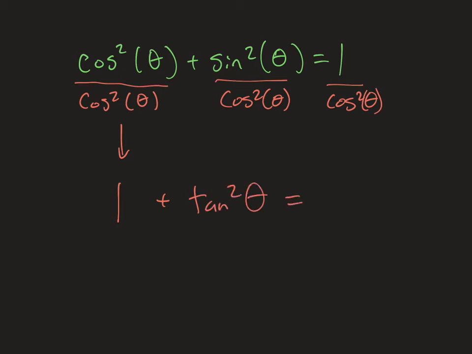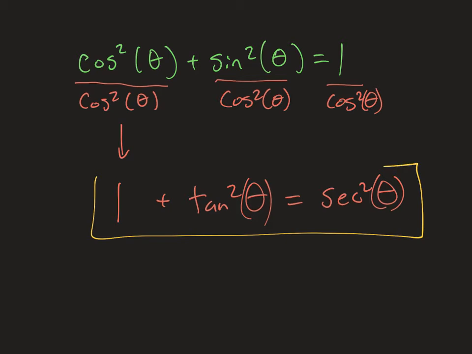And then this last term is 1 over cosine squared theta. And we've learned that the secant is the reciprocal of cosine. And so I'm going to write that as secant squared theta. And now we have a new version of that Pythagorean identity that we had. This is also a famous one.